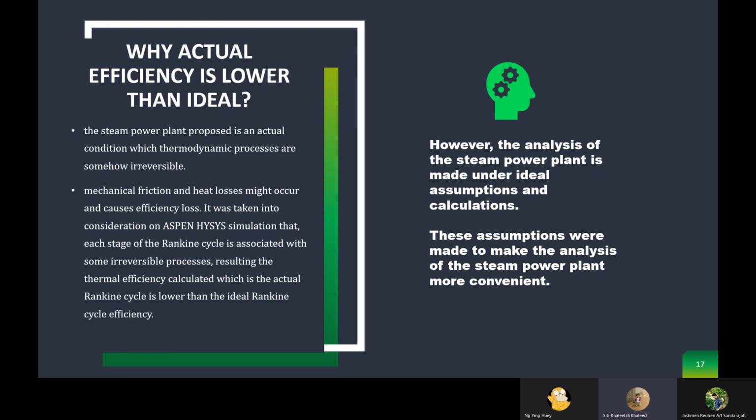It was taken into consideration in the Aspen HYSYS simulation that each stage of the Rankine cycle is associated with some irreversible processes, resulting in the calculated thermal efficiency of the actual Rankine cycle being lower than the ideal Rankine cycle efficiency. However, the analysis of the steam power plant is made under ideal assumptions and calculations. These assumptions were made to make the analysis of the steam power plant more convenient.